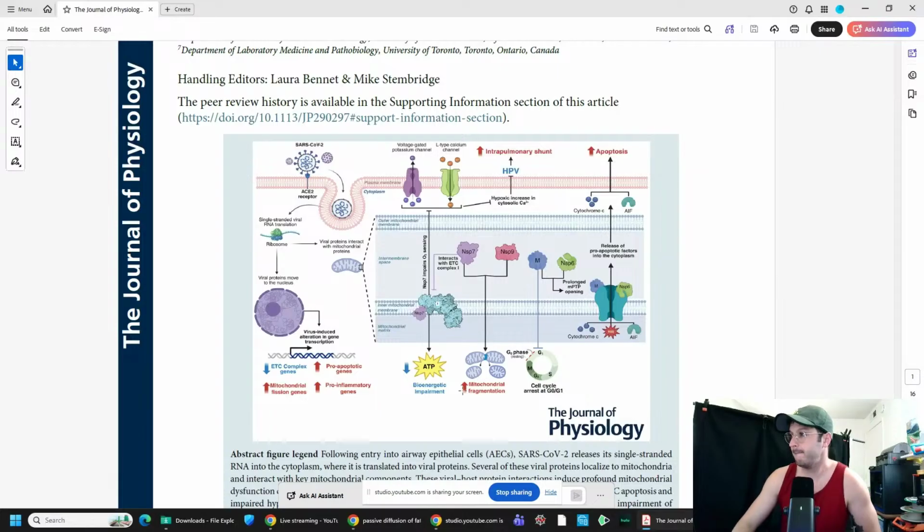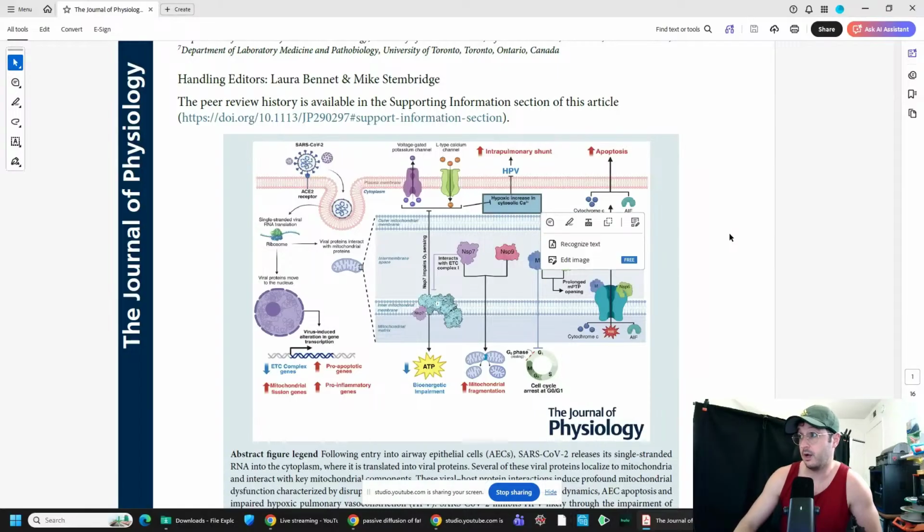And then also through this process, because it's increasing the calcium concentration within the cell, I'll have to look through to see what's actually causing that specifically. This is going to create hypoxia of the cell, which is going to then result in vasoconstriction, so shrinking of the blood vessels within the lung.